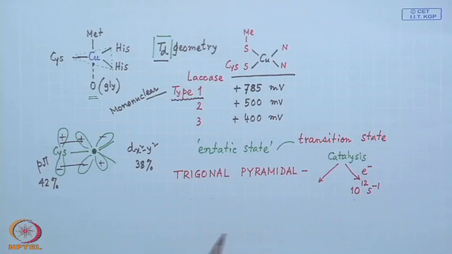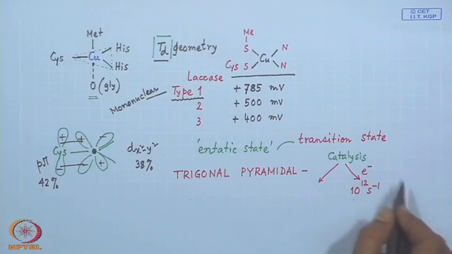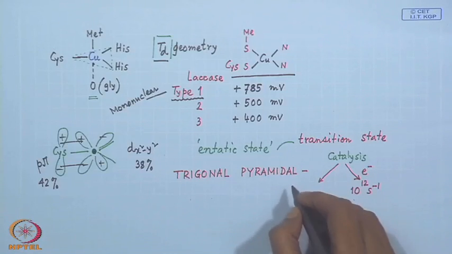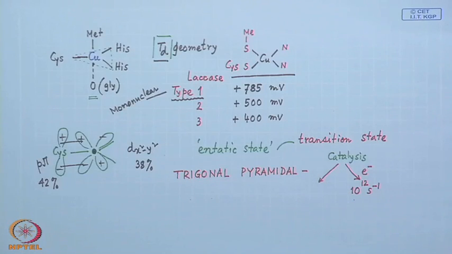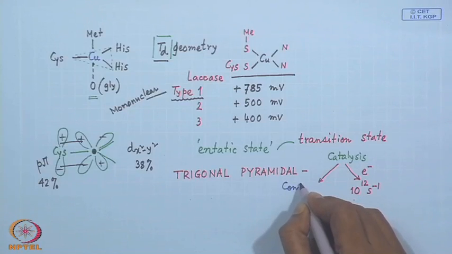During that transition, from typical coordination geometry knowledge, copper 2 is all the time stabilized in one particular coordination geometry, either square planar or square pyramidal, but copper 1 will be stabilized in tetrahedral geometry. But if we want a very rapid electron transfer, at 10 to the power 12 second inverse, we are looking for that electron transfer to be tagged with a corresponding conformational change around copper.